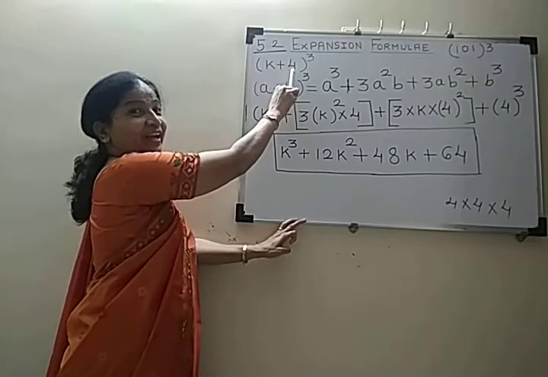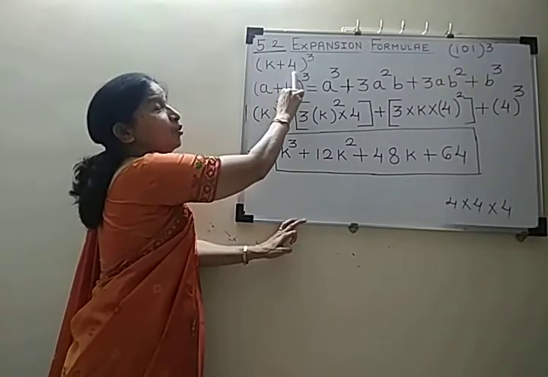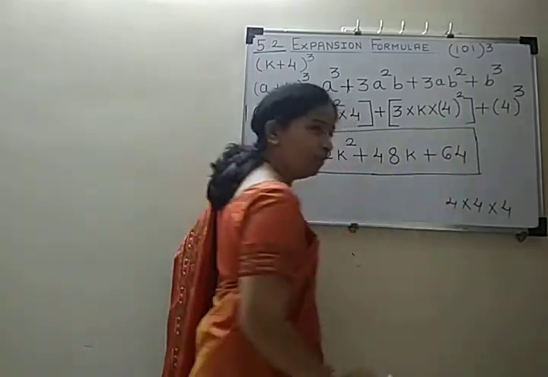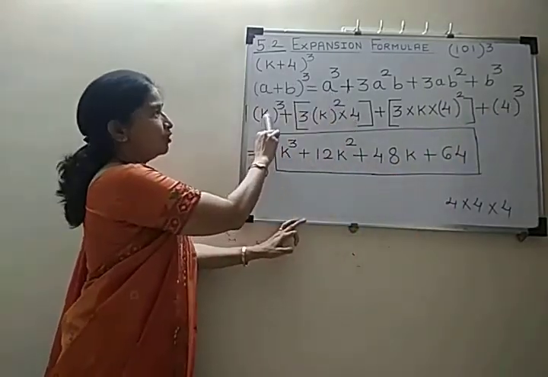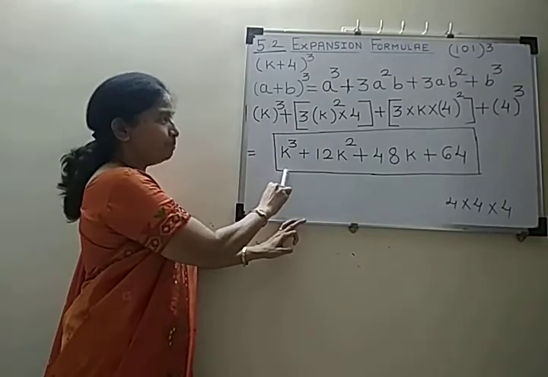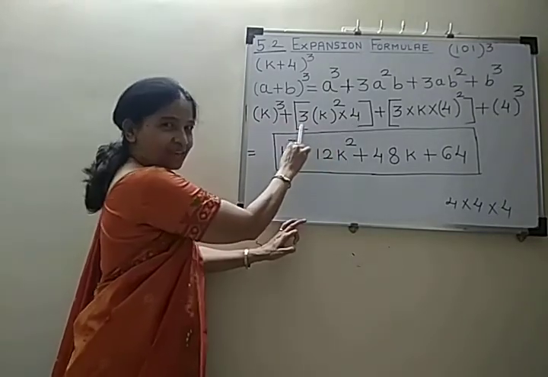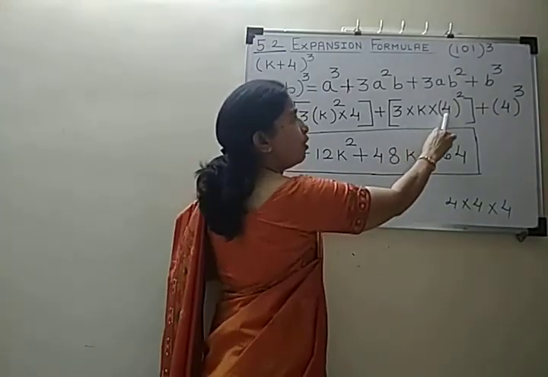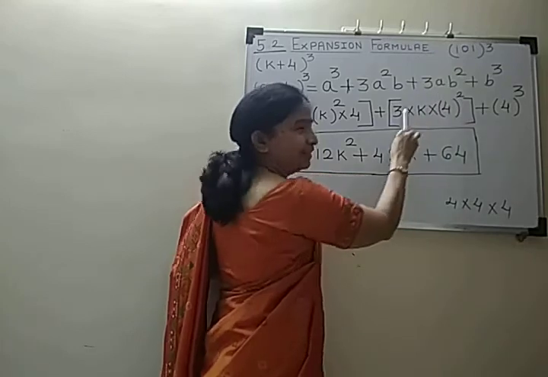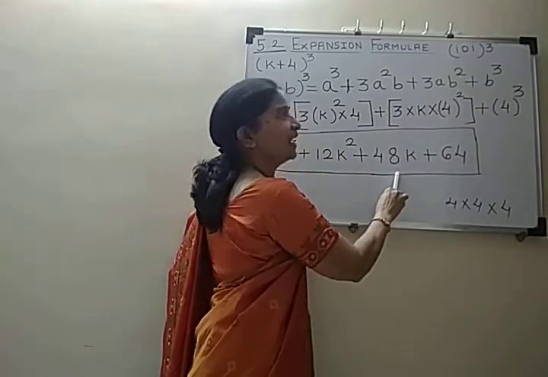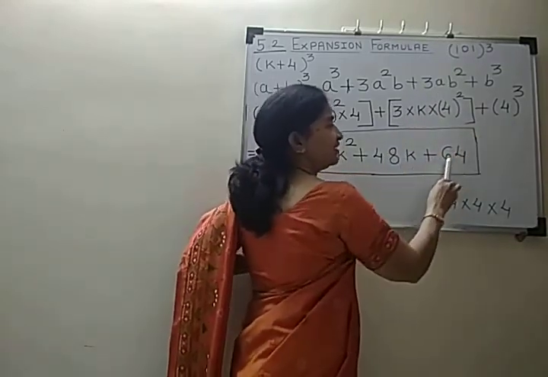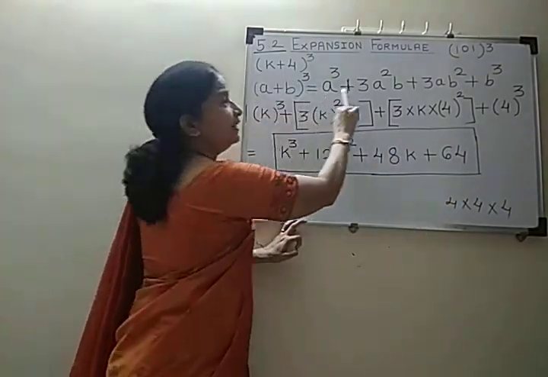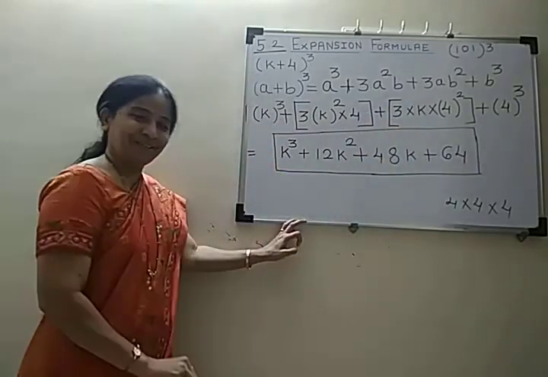B means second term, means cube of the second term. So 4 cube, and then we got k cube plus 4 3s are 12 k square plus 4 square 16 3s are 48 k plus 64. Thus we applied this formula. Okay.